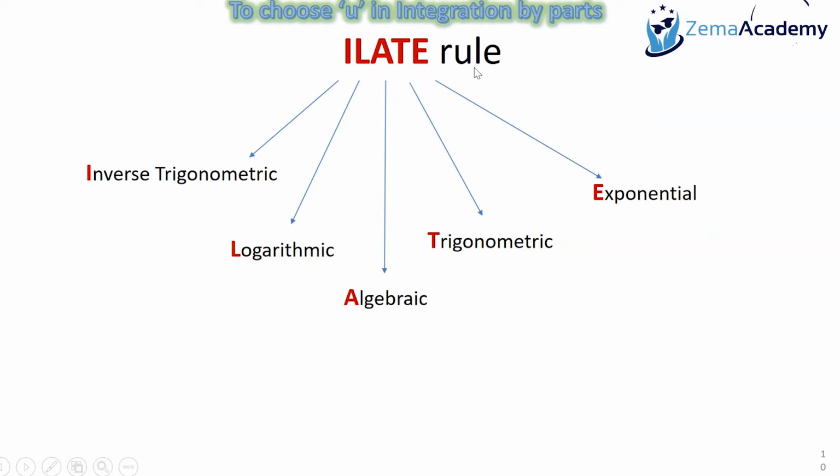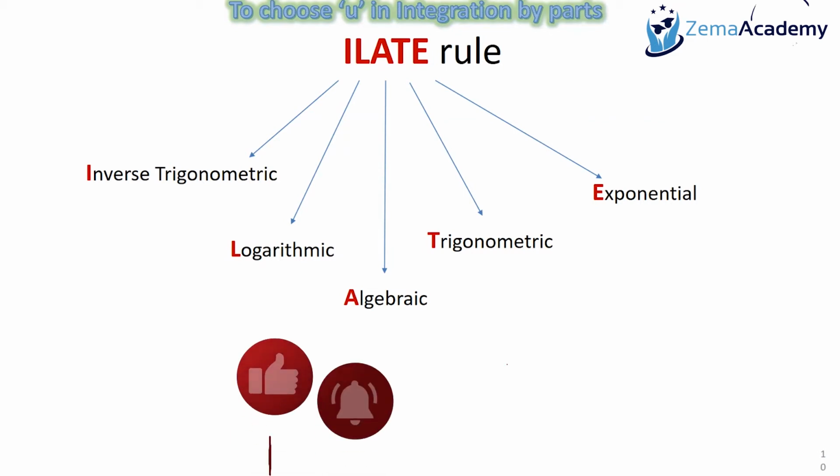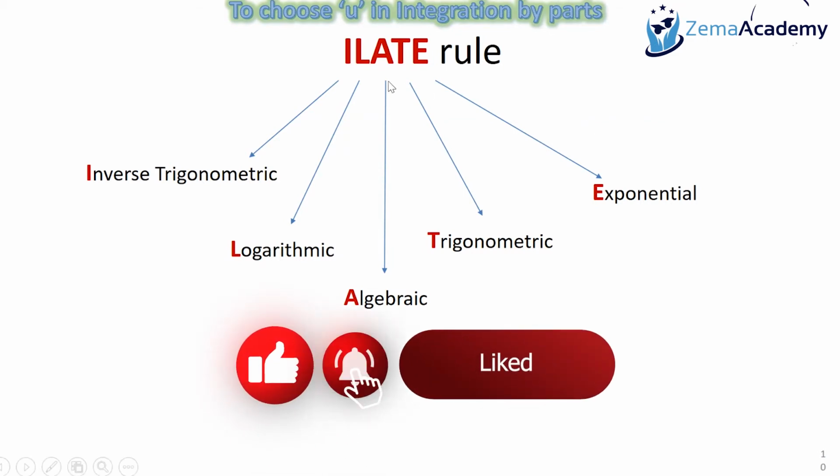This ILATE rule helps us choose u, which term to make u in integration by parts. When you look at an integral with a product of two functions, just remember this ILATE rule.